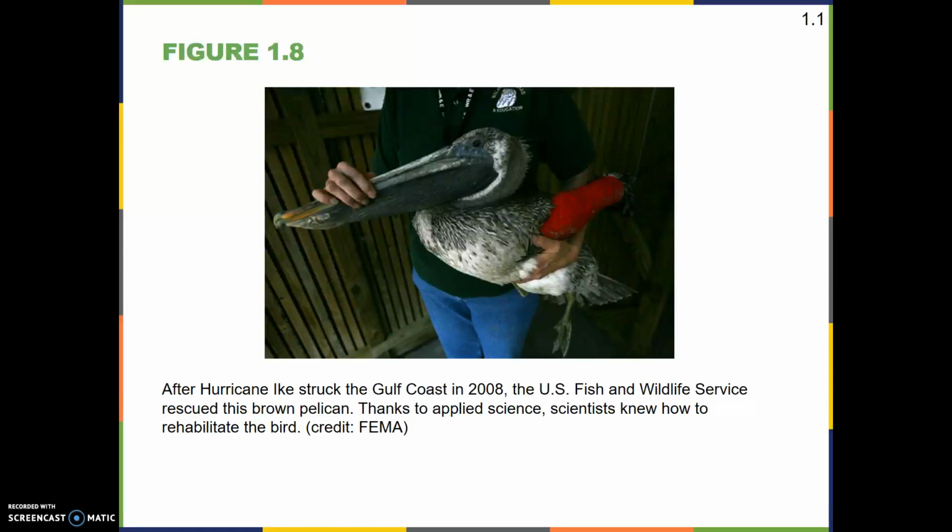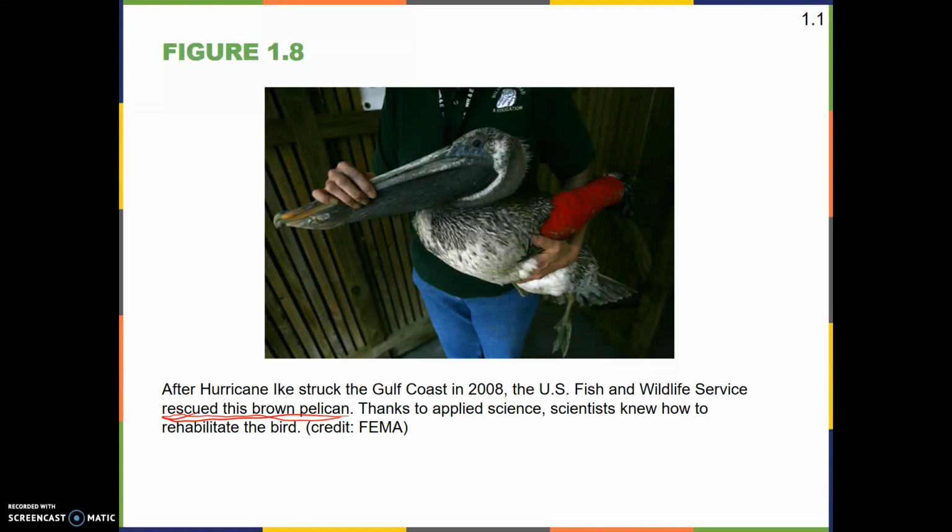This is figure 1.8, which is a photograph of a rescued brown pelican. This photograph is from 2008. It's a brown pelican that was rescued by the U.S. Fish and Wildlife Service after Hurricane Ike struck the Gulf Coast.